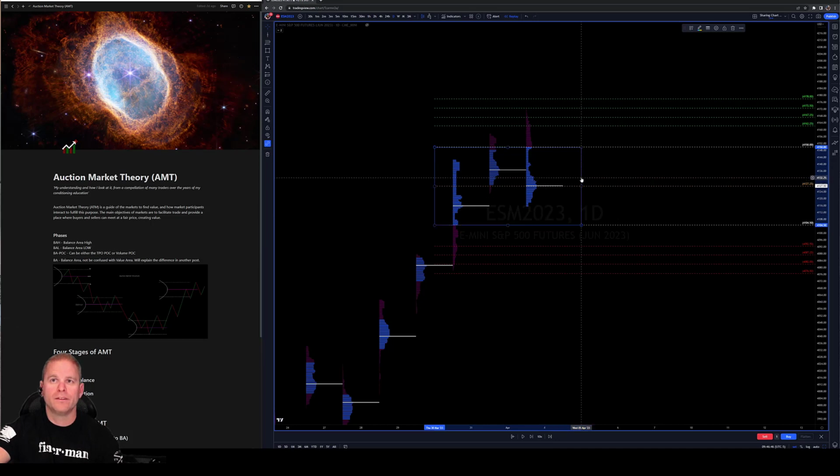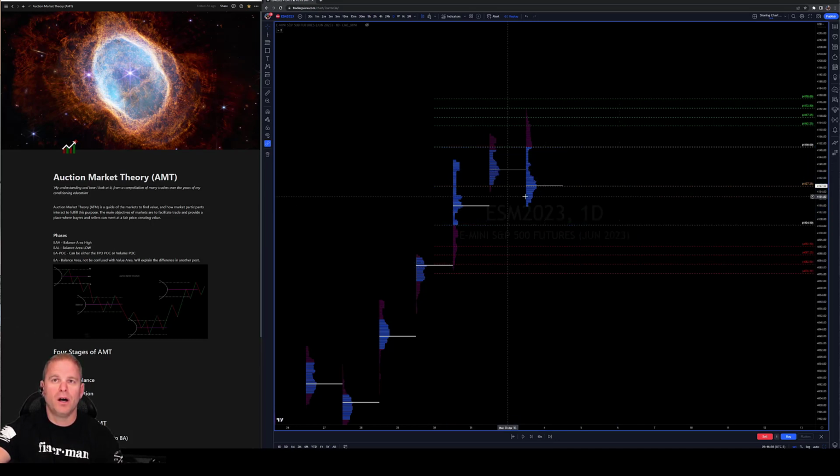When I'm inside this box, we're inside balance. What I want to look for now is either trades from the middle to the edges, or trades from the edges as a mean reversion back to the middle, or if we get outside the edges, to start working towards these rotations.